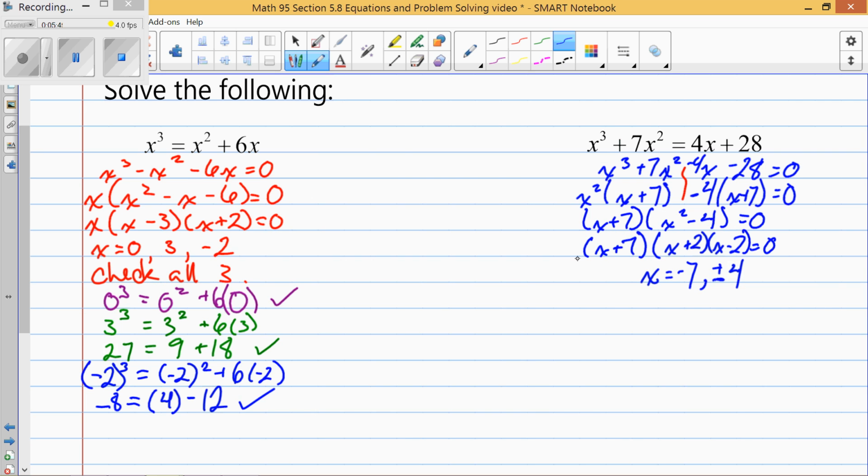Now I want to check these. I know I said we wouldn't, but I lied. We will. I'm going to plug in negative 7 cubed plus 7 times negative 7 squared should equal 4 times negative 7 plus 28.